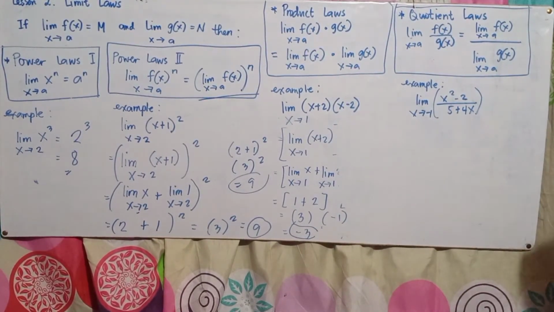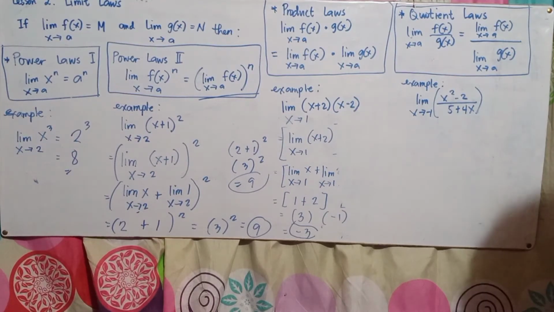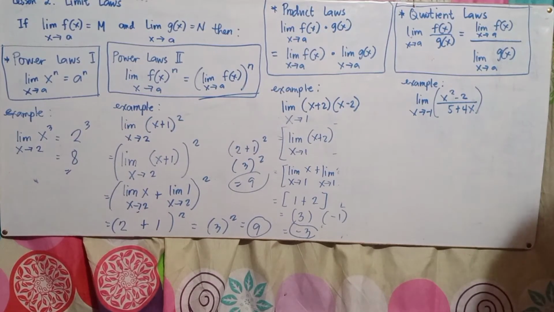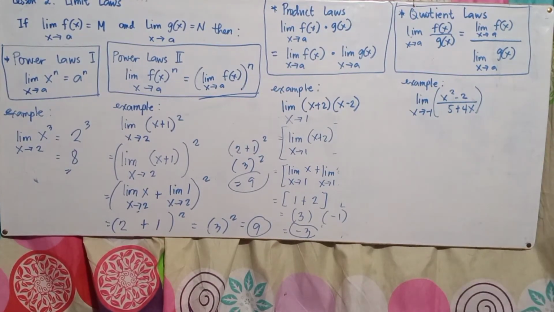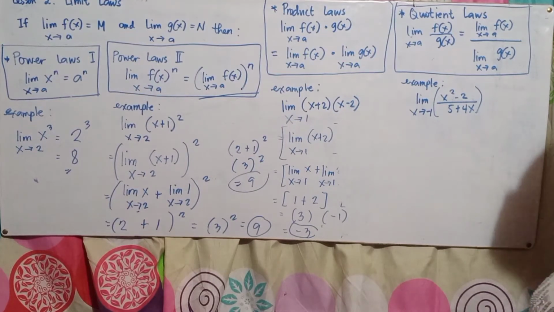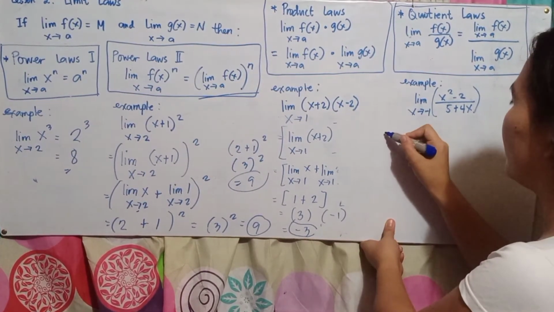Okay, so sa quotient law, so syempre, ato ang i-divide. So the limit of the function f of x divided by g of x as x approaches to a, i-divide lang sila. So example, limit of x squared minus 2 divided by 5 plus 4x as x approaches to negative 1, so i-divide.